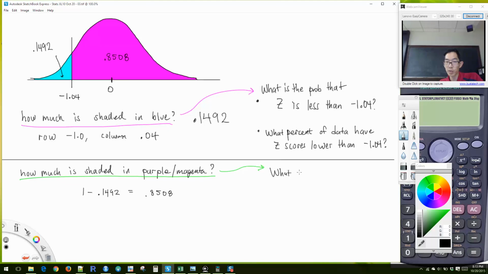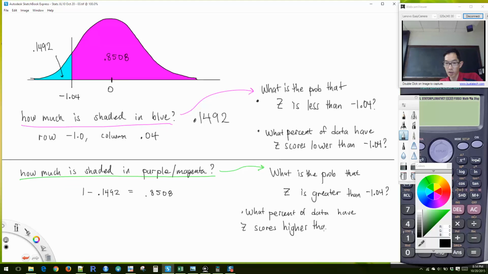And this would be, what is the probability that Z is greater than negative 1.04? Okay. Or it could also be, what percent of data have z-scores higher than negative 1.04?